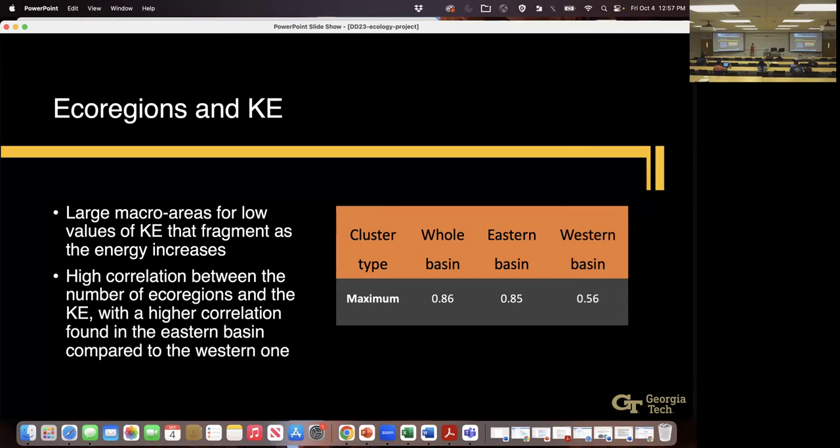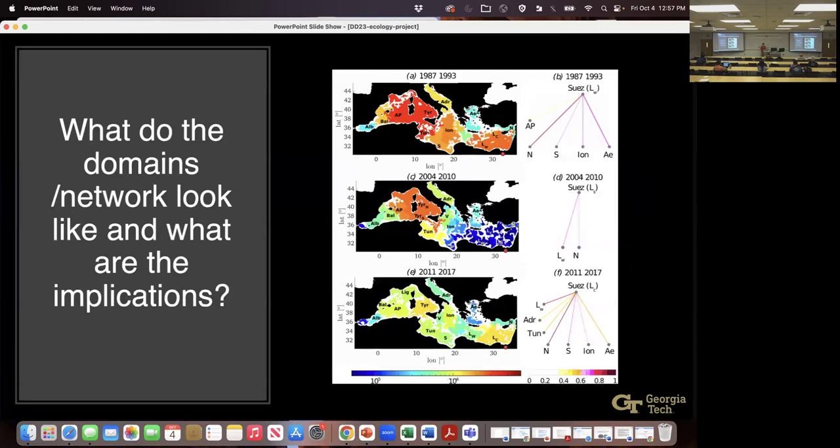Okay, and I'll show you how that changes. So this is the situation. This is the first period where the energy was going up. This is the second period where the energy was kind of stable. And this is the third period where the energy is coming down and is going back to what it was initially.